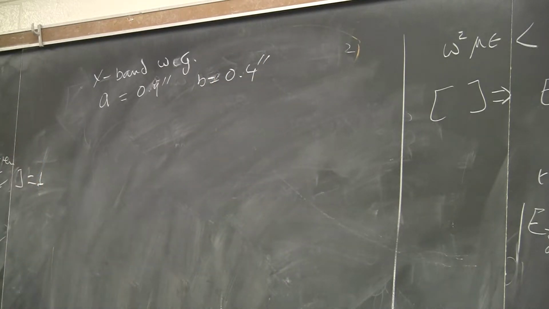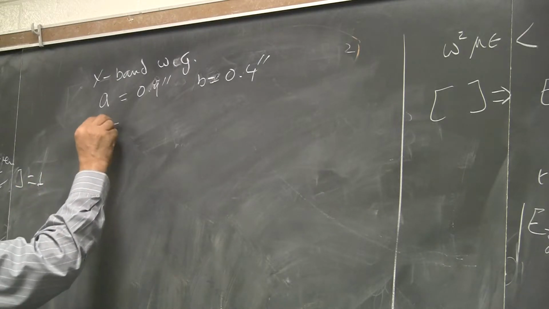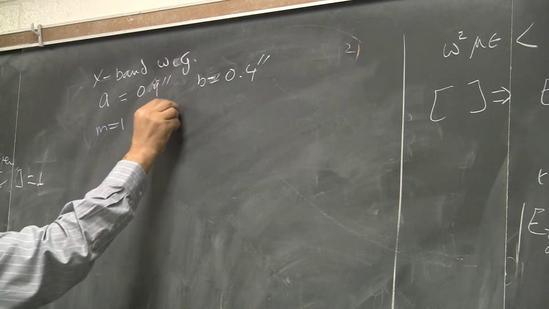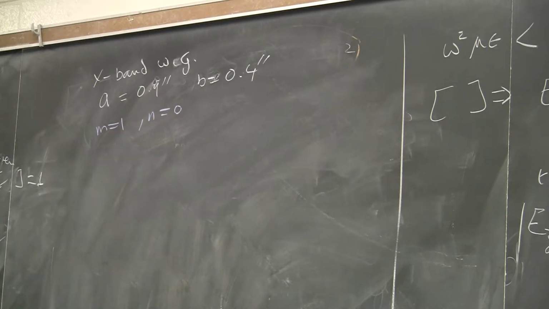That's the one that you will be seeing in the lab. If I work these numbers and put my m and n in different combinations, let's say m is 1 and n is 0, and do the calculations of f sub c from here.